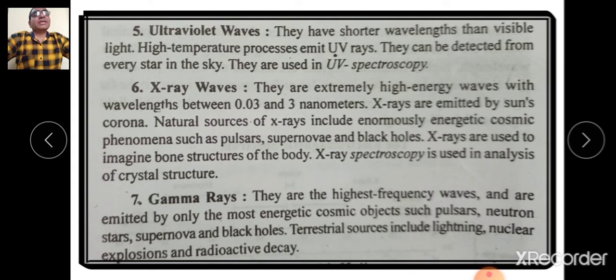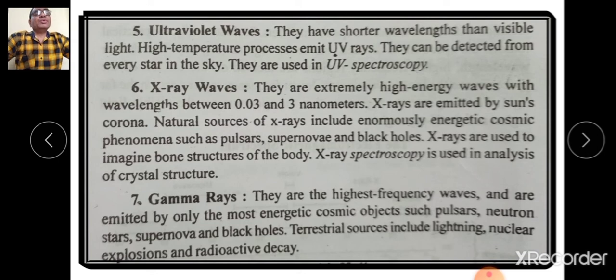The next variety is X-ray waves. Of course, they are extremely high energy waves with the wavelength between 0.03 to 3 nanometer. X-rays are emitted by the sun's corona. The natural sources of X-rays include enormously energetic cosmic phenomena like supernovae, black holes.